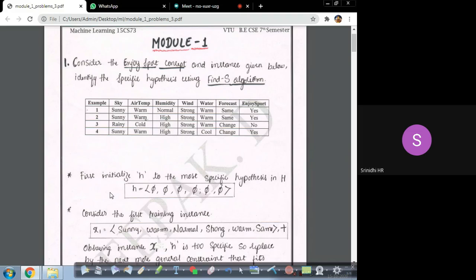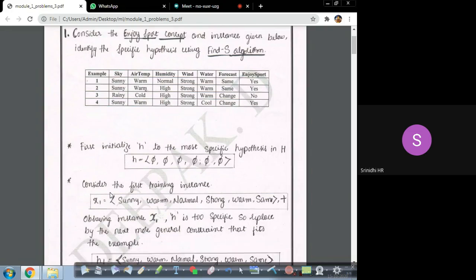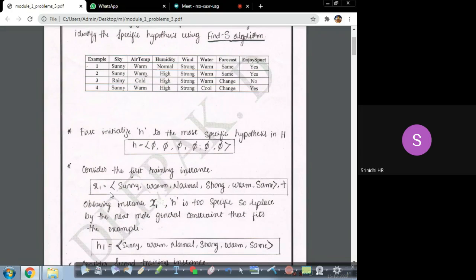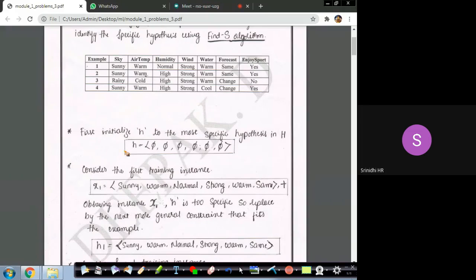The very first step is to initialize my hypothesis H with the most specific hypothesis. In the previous session, we discussed two notations. One is the null notation and one is the question mark notation. The null notation represents the most specific hypothesis. So I'll put null for all the attributes within my hypothesis.